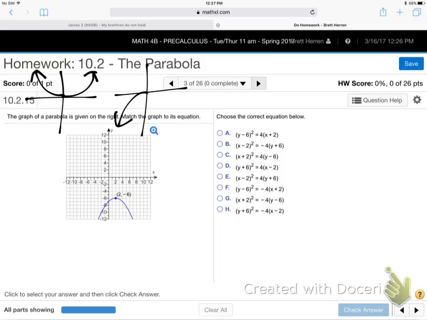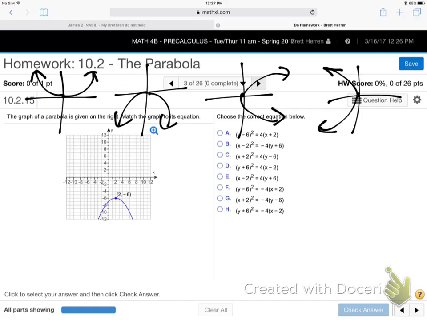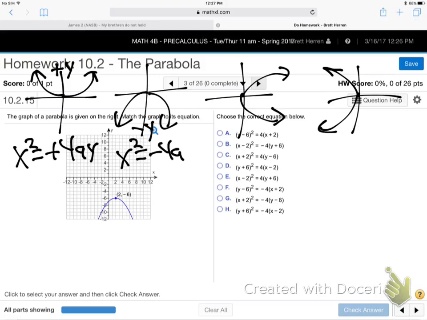So up, down, right, and left. The basic equation when it's going up, that's positive y, so it's x squared is positive 4ay. When it's down, that's negative y. So that's x squared is minus 4ay.